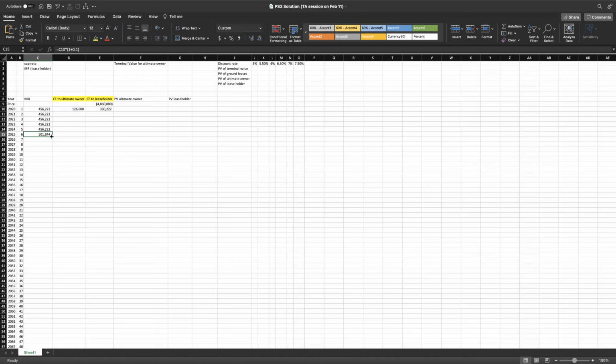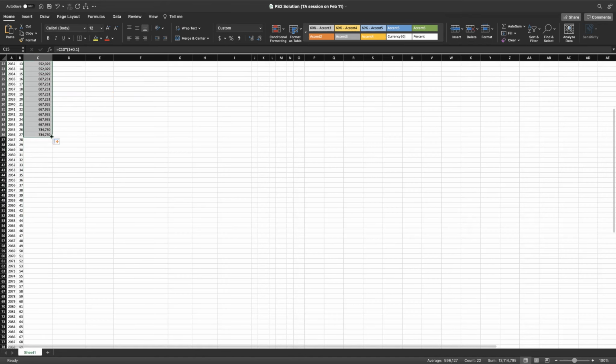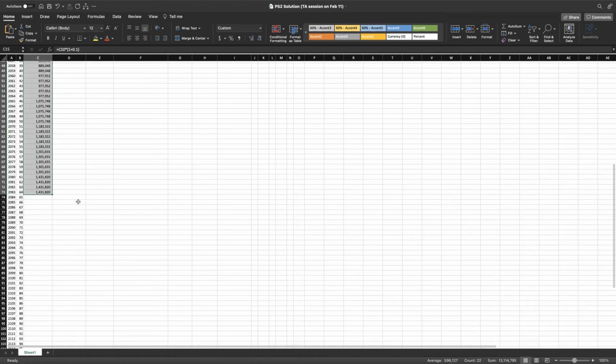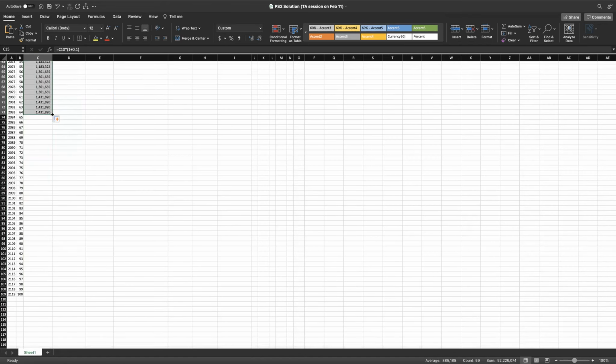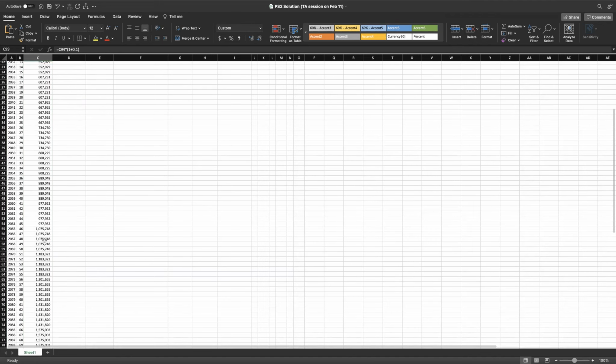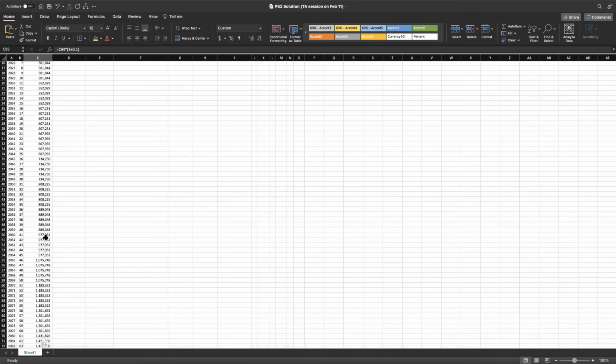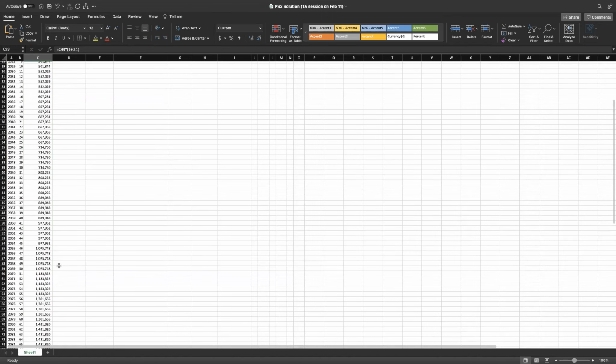And this number will keep going for 100 years. Note that the 100 years is the one that you're going to plot, I think in question 4. So I use 100 years, but the lease only has 75 years.